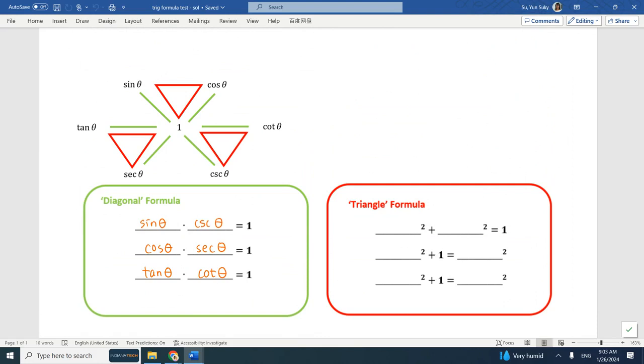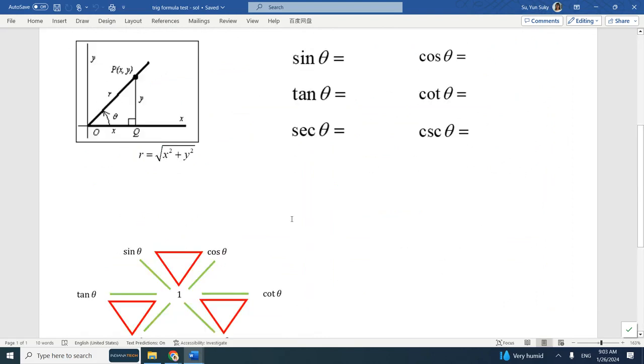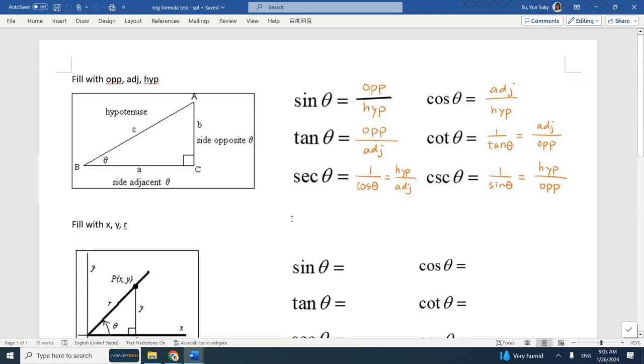Okay, everybody? So be familiar with these formulas. What's cotangent? The reciprocal of tangent. That means you swap the numerator and denominator, so you have adjacent over opposite.